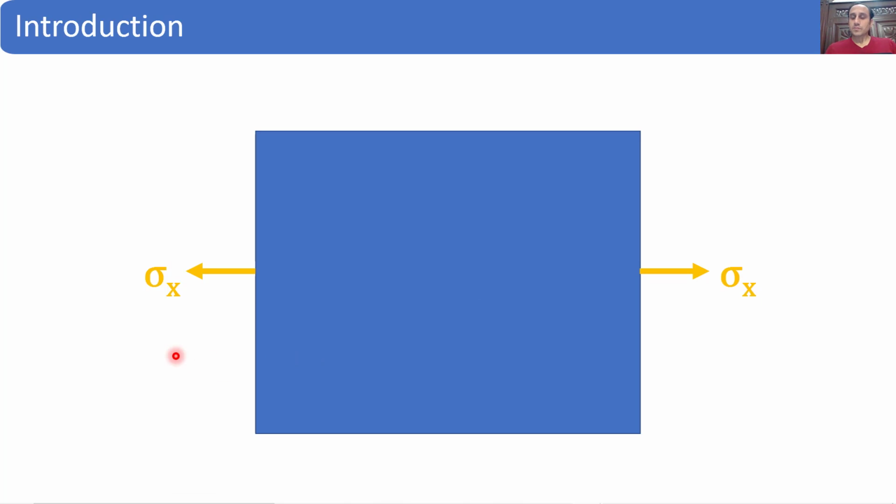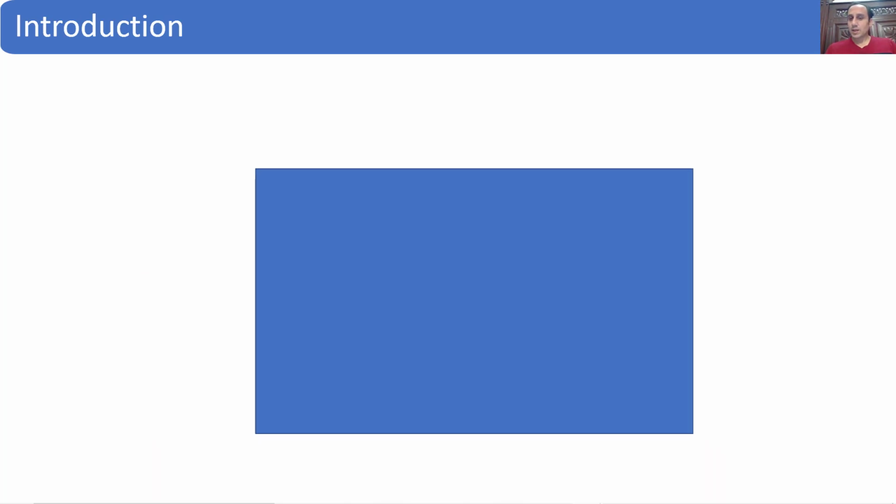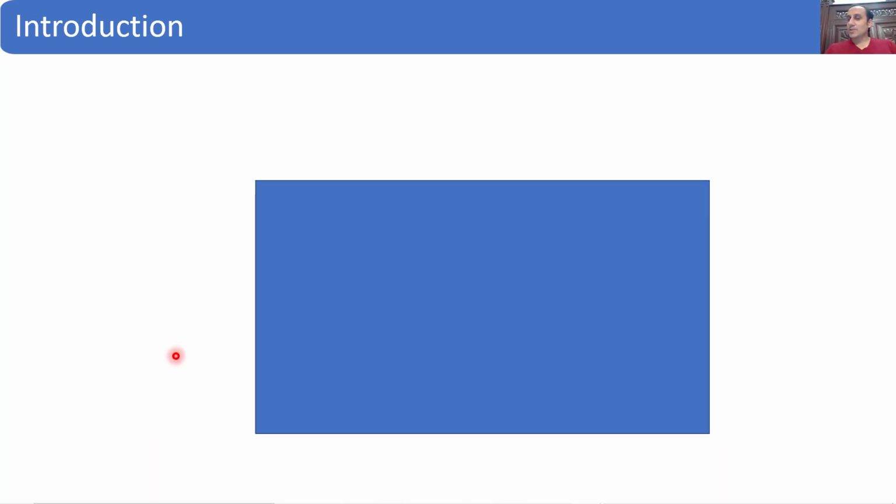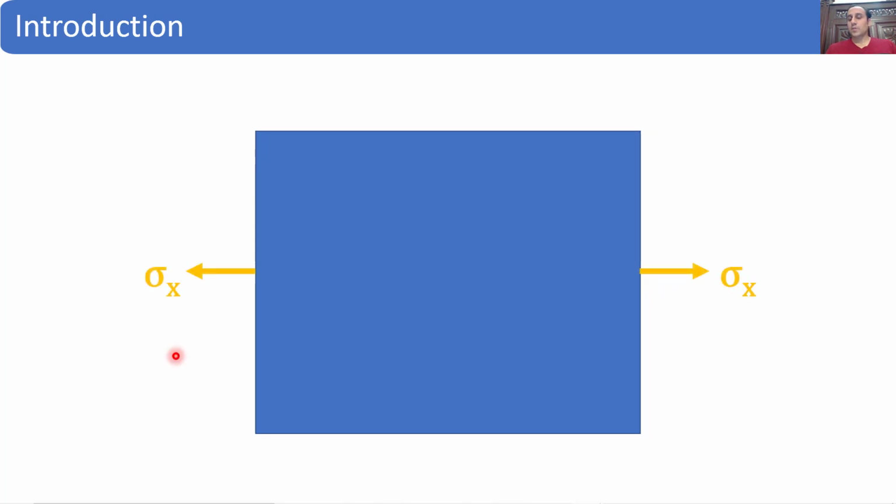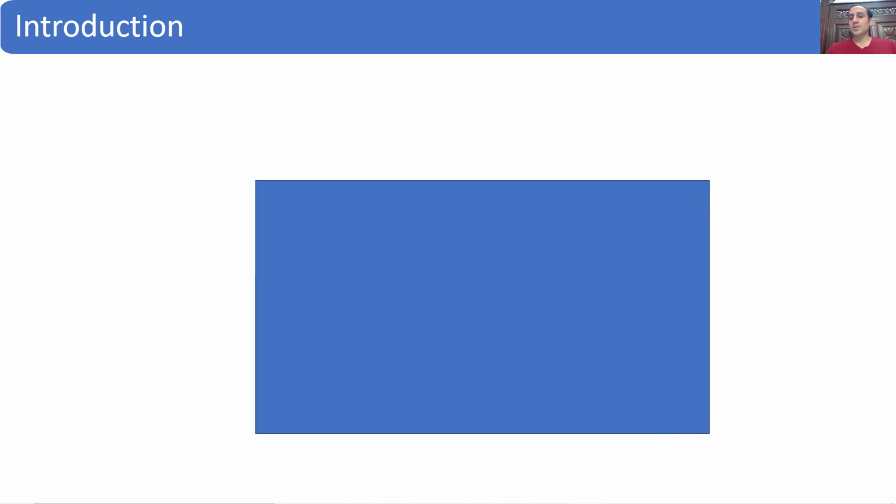This member will elongate along the direction of the axial stress. It was like this initially, but when we apply sigma x, it will be deformed into this shape. So this is a deformation.